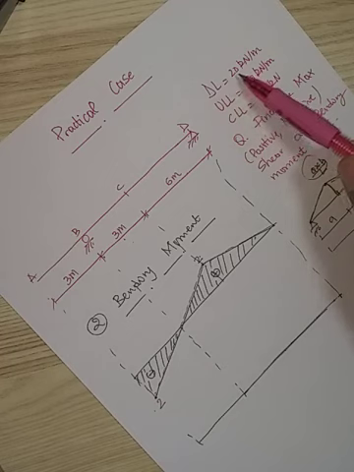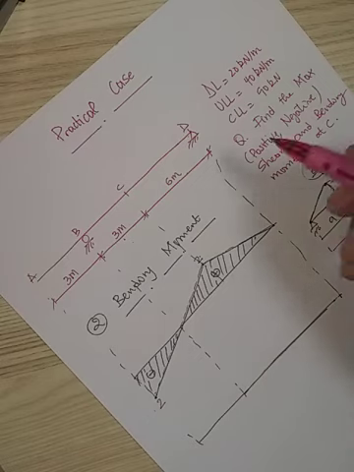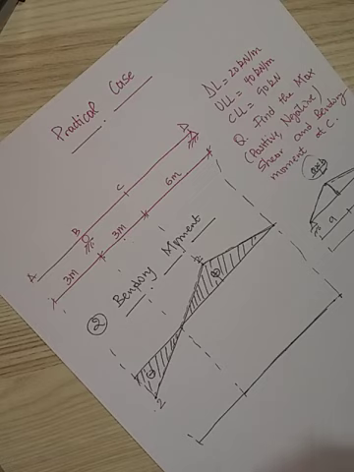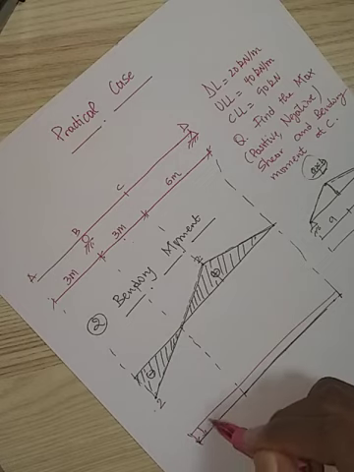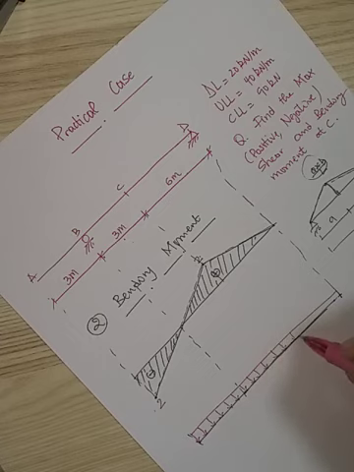The dead load is 20 kilonewton per meter, and this dead load includes the self weight of the beam. So it is applied on the total length of the beam.